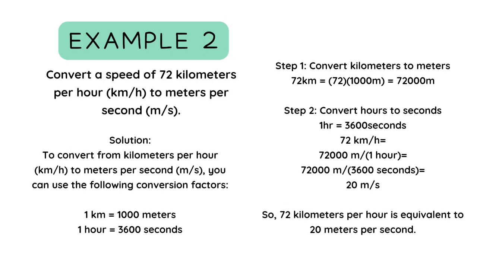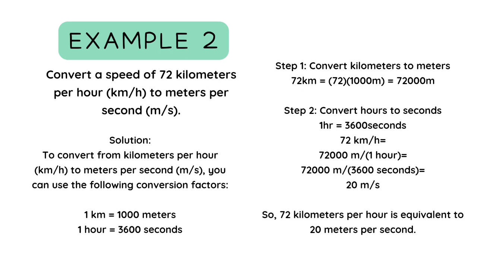Second example is convert the speed of 72 kilometers per hour to meters per second. To convert from kilometers per hour to meters per second, you can use the following conversion factors. The first conversion factor is 1 kilometer is equal to 1000 meters. And the second conversion factor is 1 hour is equivalent to 3600 seconds.